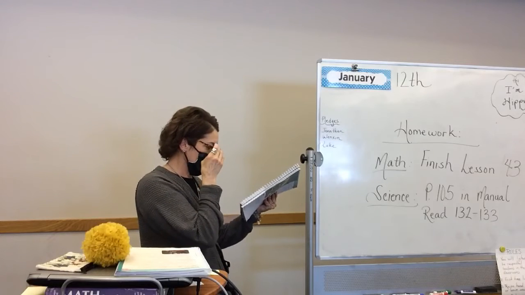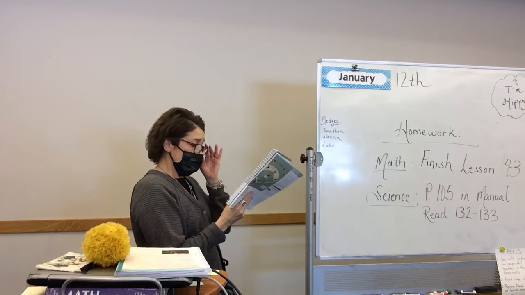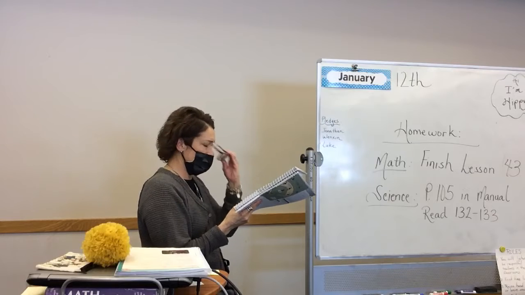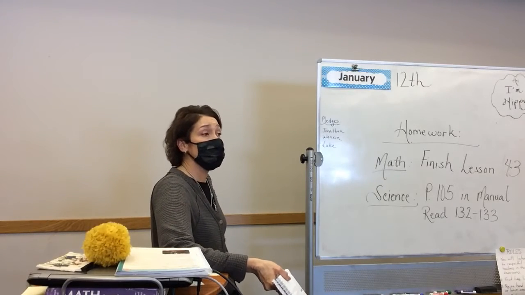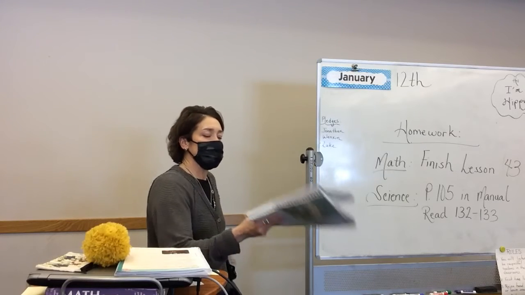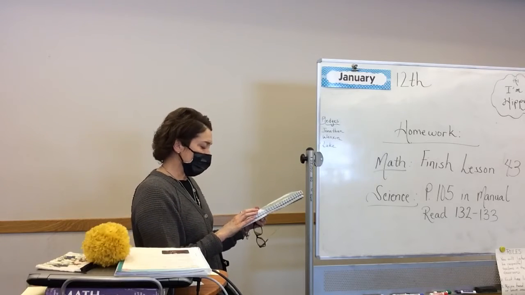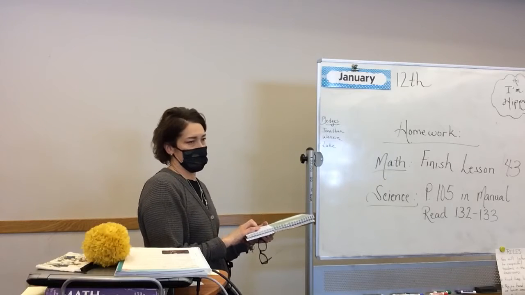The second law of motion states that the applied force is equal to an object's mass. What is mass? Jeremiah? Something that takes up space. Yes. So applied force is equal to an object's mass multiplied by its acceleration.